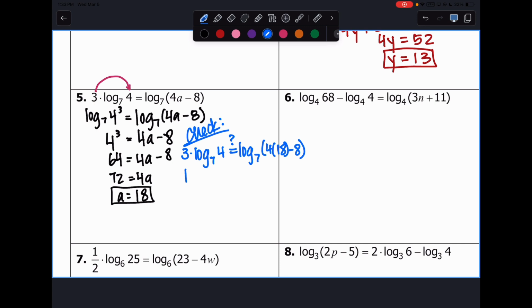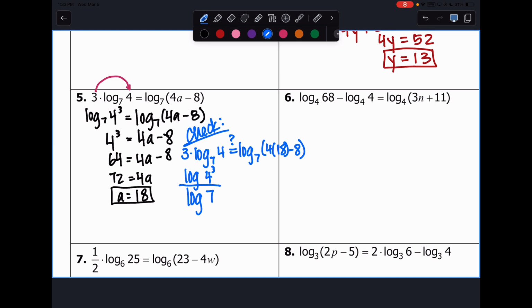You can do log of a, which is in this case 4 to the 3rd power, over log base 7. And you could put it in as a log base 10 log. When you put this into your calculator exactly like this, log 4 to the 3rd power, close the parentheses, divide by log of 7 and hit enter, you should have the same value as when you put this in.